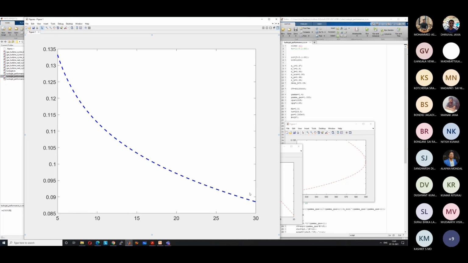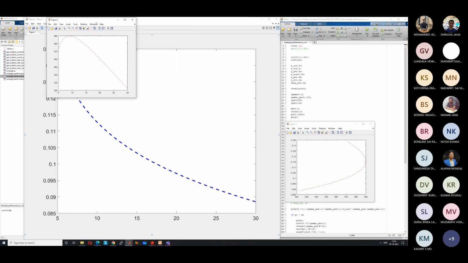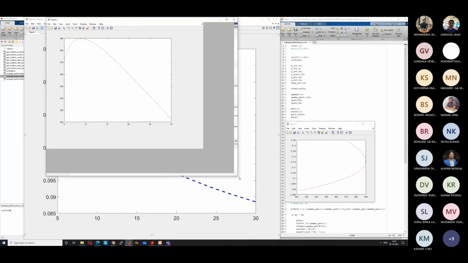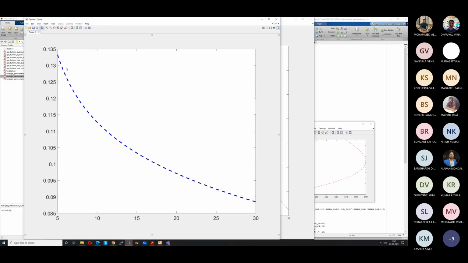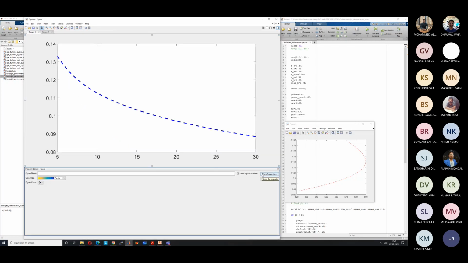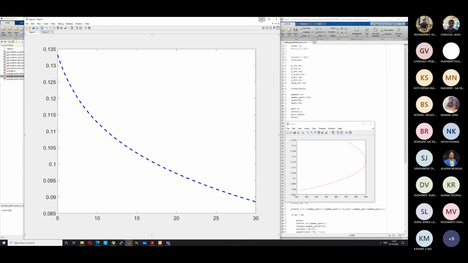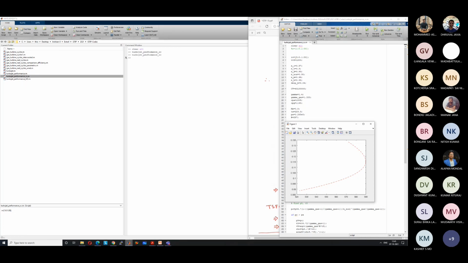The other important parameter is the specific thrust. Okay, so for specific thrust, the variation looks like this.